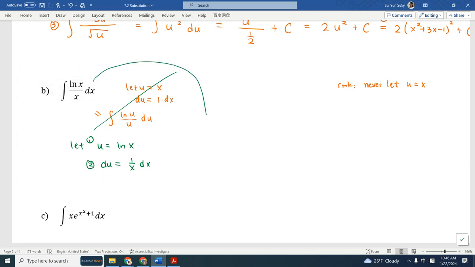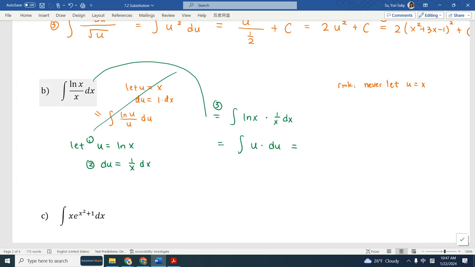So we can rewrite this as the integral of ln x, and then over x is the same as multiply by 1 over x dx. Do you agree? We can just separate them. Now what is ln x? U. Yes. And then 1 over x dx is du. Yes.